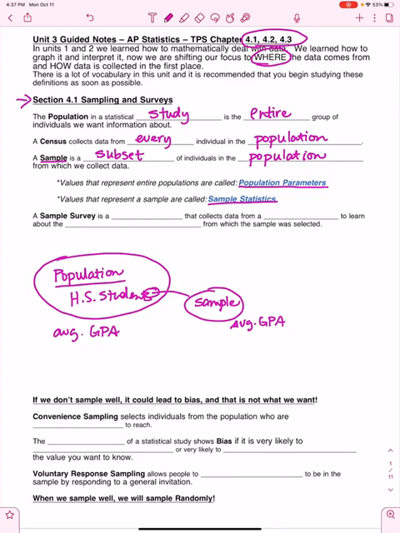So a sample survey, what is that? It is just a study that collects data from a sample to learn about the population. We want to learn about the population, and we don't want to have to talk to every single person in that population, so we take a sample. Here's the deal with sampling.